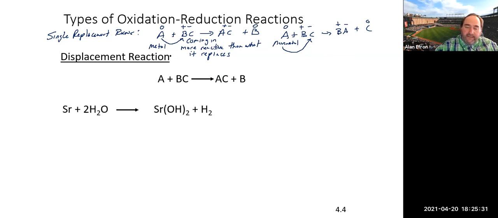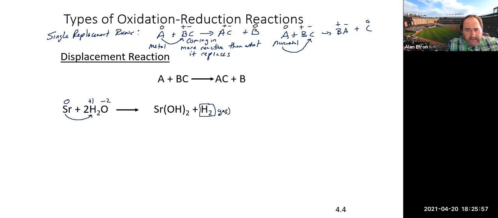Here, if we look at this one, we have a metal that has a 0 oxidation state. Oxygen is -2, hydrogen is +1. The metal is going to come in and kick out the hydrogen. When hydrogen gets kicked out and becomes hydrogen by itself, uncombined, it becomes H2 gas.